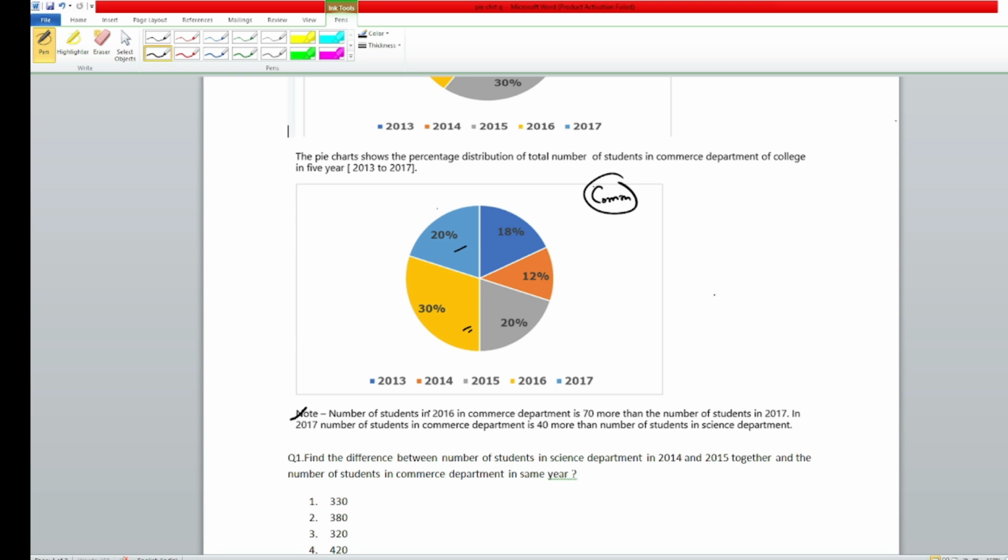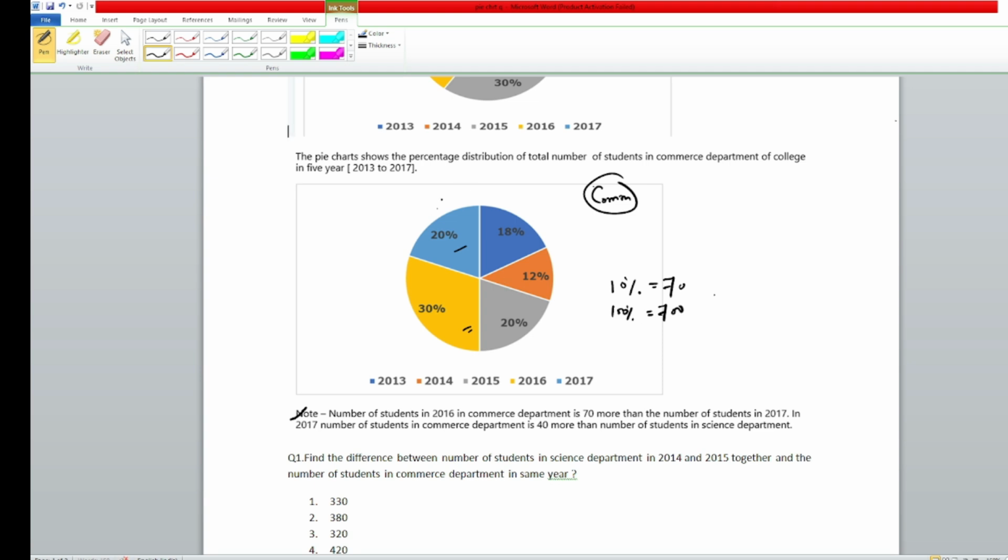So the percentage difference is 30% minus 20%, that is 10%, which is equal to 70. So 100% is equal to 700.